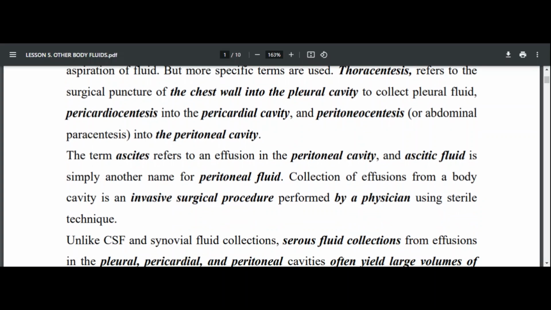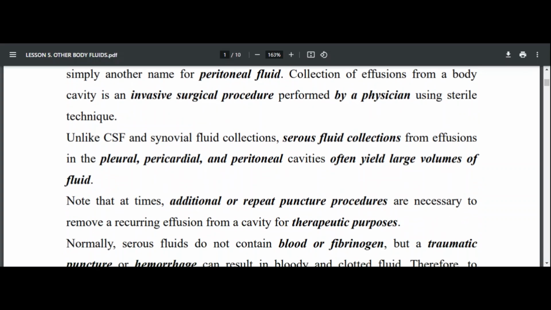Ascitic fluid or peritoneal fluid are the same, and the collection of effusion from a body cavity is an invasive surgical procedure, which must be performed by a physician using sterile techniques. Unlike CSF or synovial fluid collection, serous fluid collection from effusions in the pleural, pericardial, and peritoneal cavities gives large volumes of fluid, whereas with CSF and synovial fluids we collect only a limited amount.